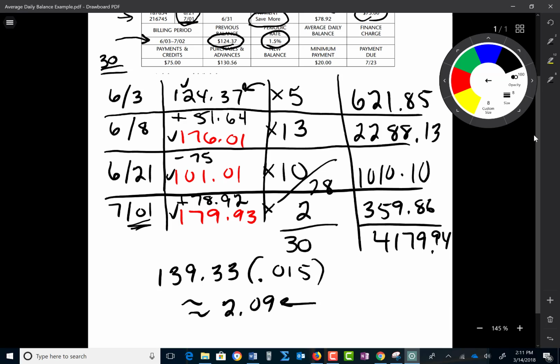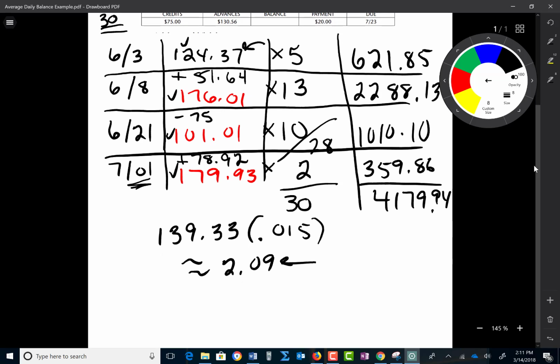So my new credit card bill that is going to be posted on the 3rd. Remember, this started out on the 3rd of June. So my new credit card bill is going to come in the mail and it's going to be posted on July the 3rd. It is going to be that final balance that I had, which was $179.93. Not the average.